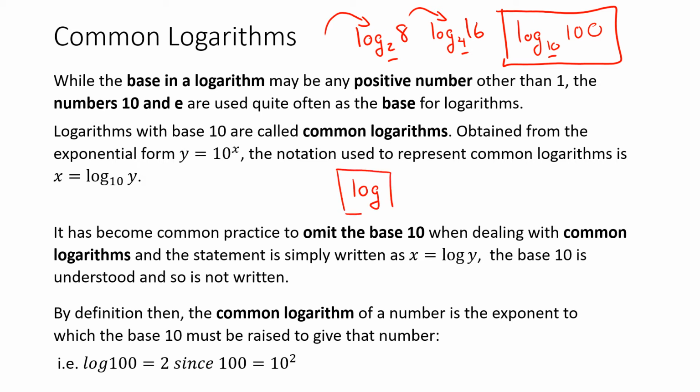So for almost all of you, unless you have a more expensive calculator, you'll just have a log button, and what that means is a base of 10. So your log button on your calculator only does base 10. That reminds me of the square root button, where it just does the square root, or order of 2. It's the same as the log button, where it only does base 10.